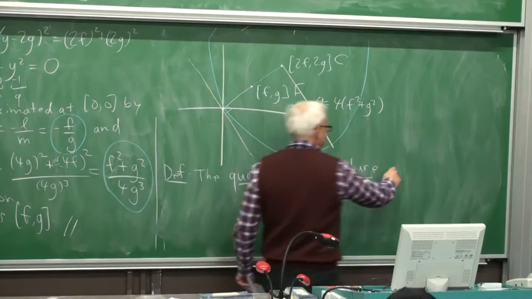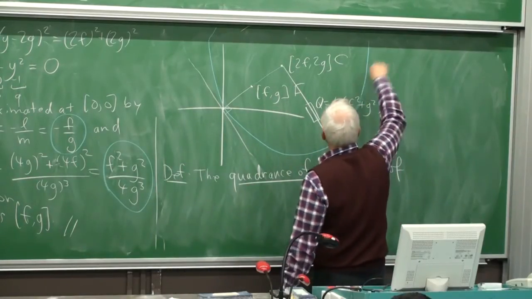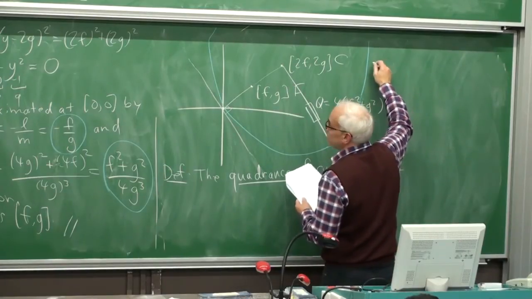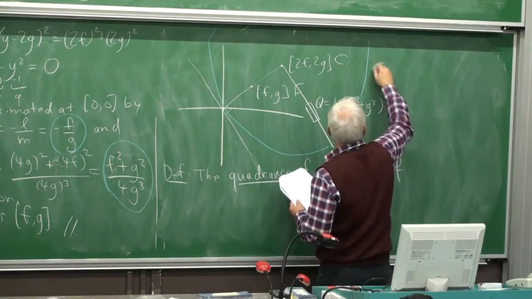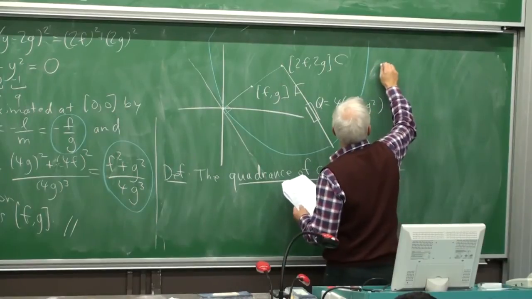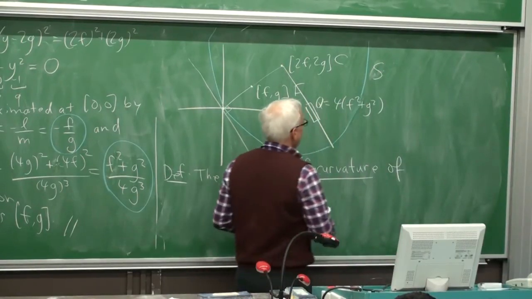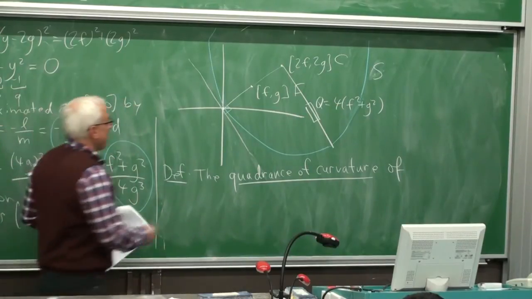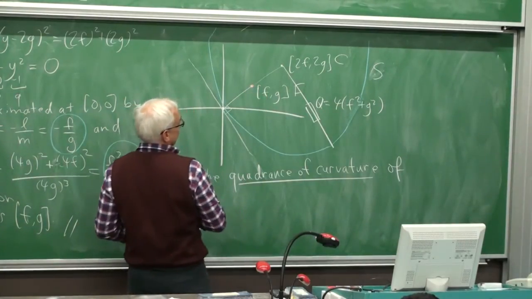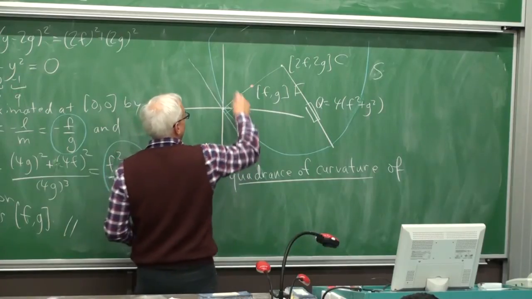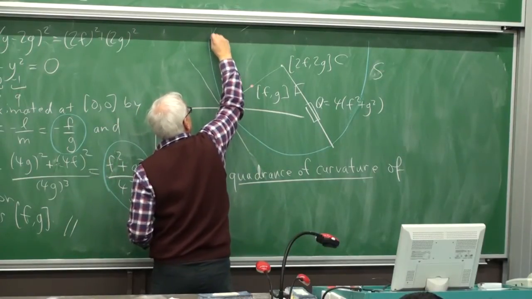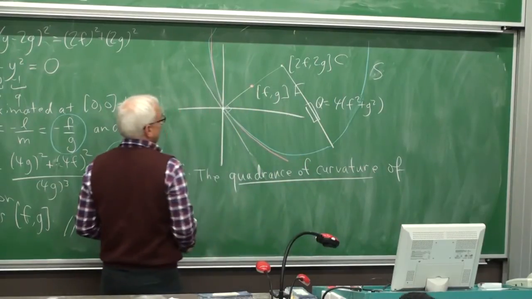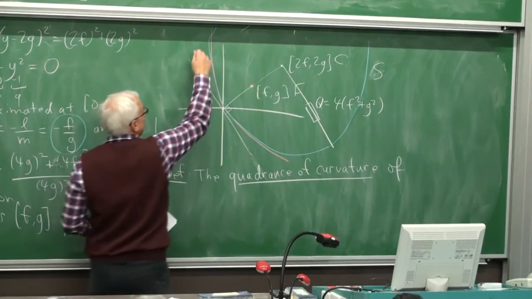Let's give these things some names. The circle will be S, and the parabola whose focus is there, in red, is going to be pretty close to being this circle. Let's call it P.